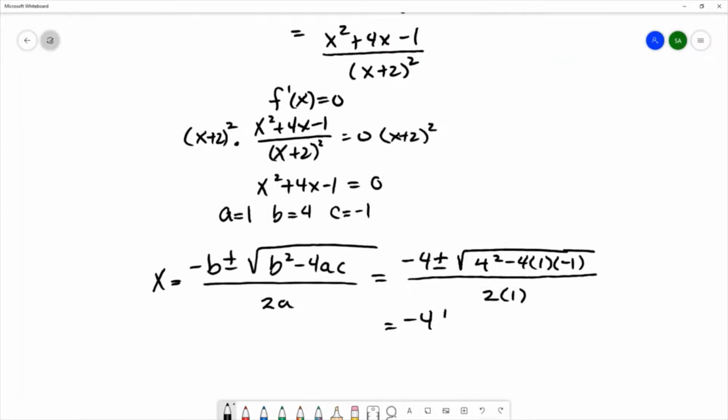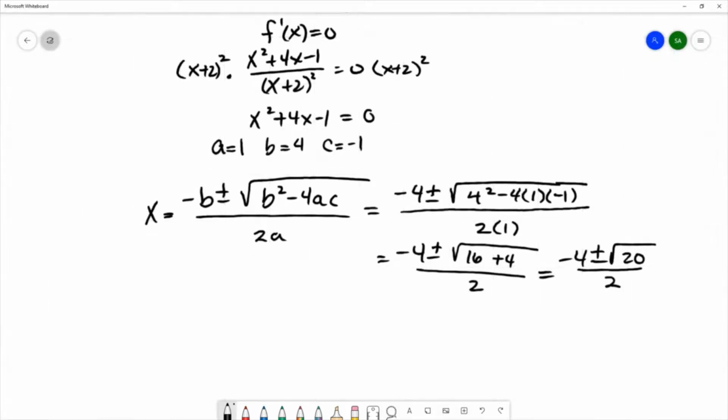Negative 4 plus or minus the square root of 16 plus 4 over 2. That's negative 4 plus or minus the square root of 20 over 2. And I can factor 20 into 4 times 5, and the square root of 4 is 2.